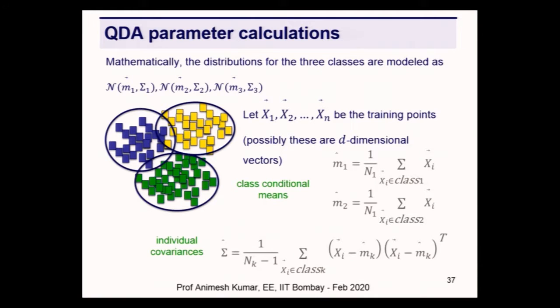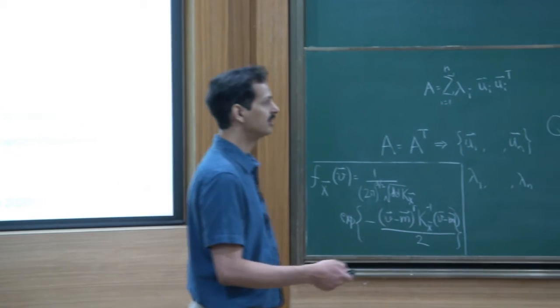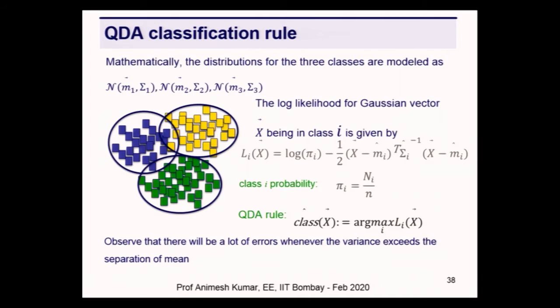And then again, using this probability density function and the class priors, which is the probability that I'll see class i, and that you also obtain from the training data set, we can come up with this QDA rule, which says: maximize the likelihood. The likelihood function still looks the same as in the LDA case.